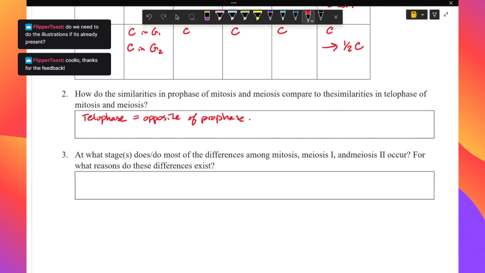And finally, at what stages do most of the differences among mitosis, meiosis 1, and meiosis 2 occur? For what reasons do these differences exist? The primary difference, the most important thing you need to remember, between mitosis and meiosis occurs as a result of synapsis in prophase 1.